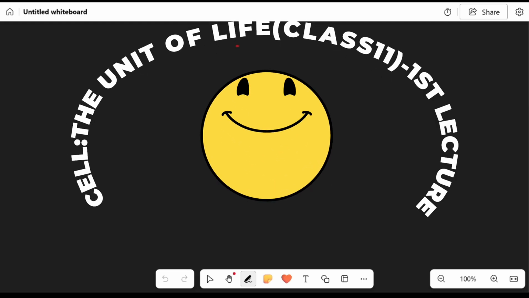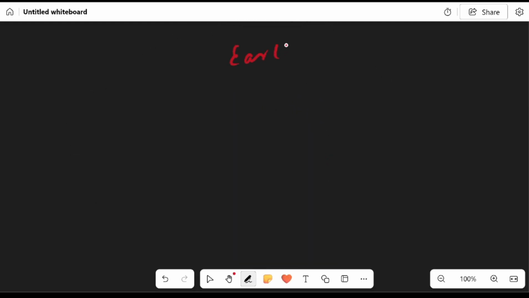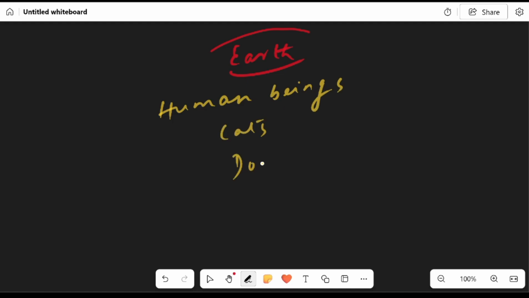So on this particular planet, which we term as Earth, we have human beings, cats, dogs on one hand, whereas we have books, cars, mobiles on another hand.